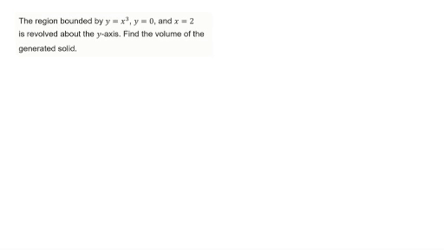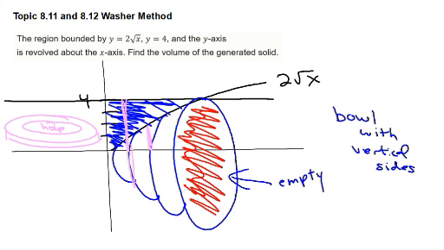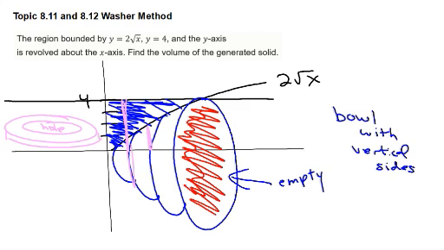All right? So on this problem, let me insert another page here. My outer radius is the constant function, so my outer is 4. My inner is 2 square roots of x.